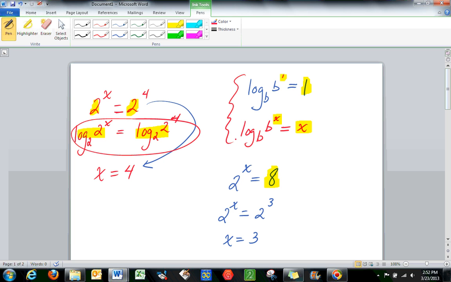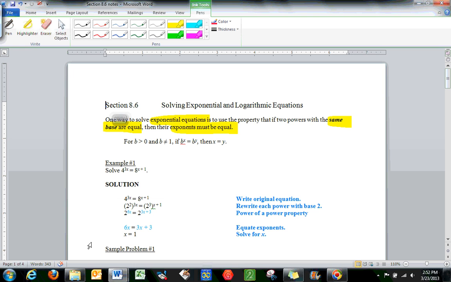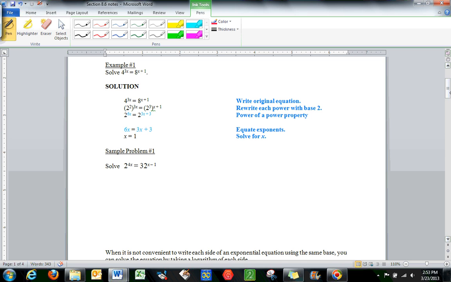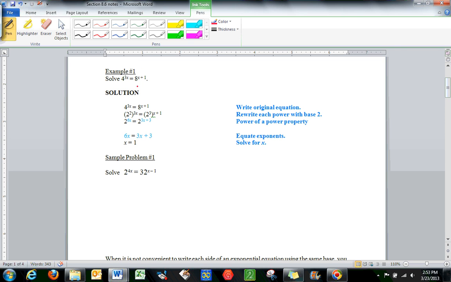So let's go back to the notes and let's look at this type of problem. One of the first types of problem that you're going to see is an exponential equation, and you're going to try to create the same base. If you can create the same base with the exponential equations, then you can make their exponents equal to each other. So let's take a look at example number 1. It says solve 4 to the 3x power equals 8 to the x plus 1.